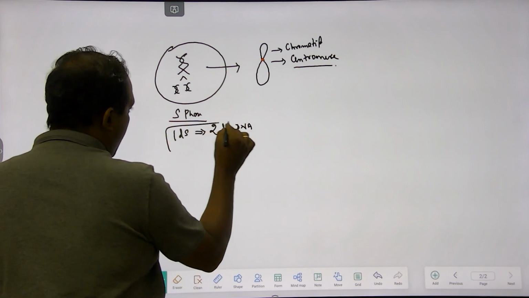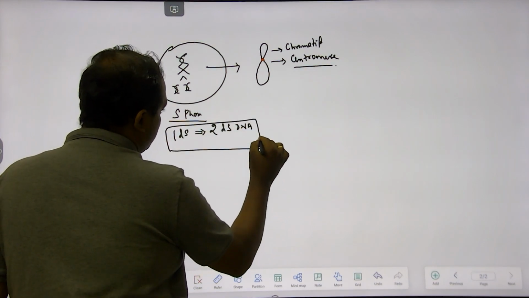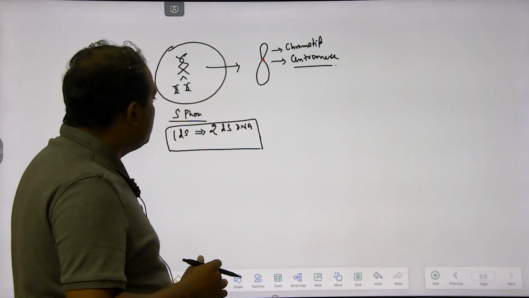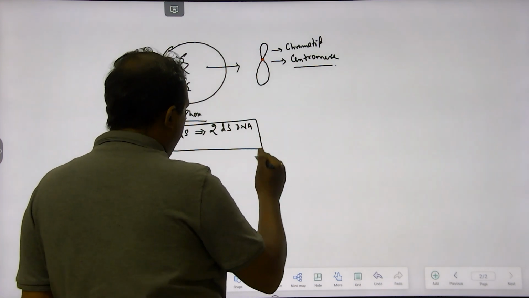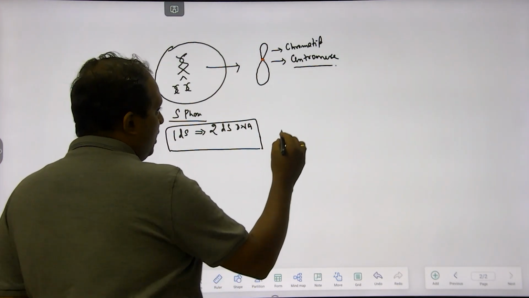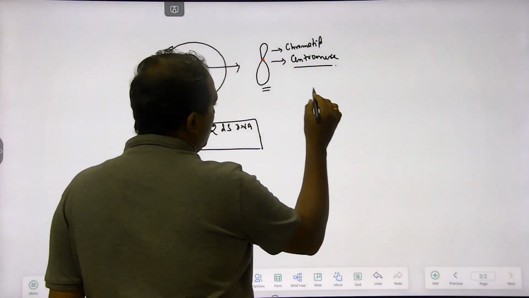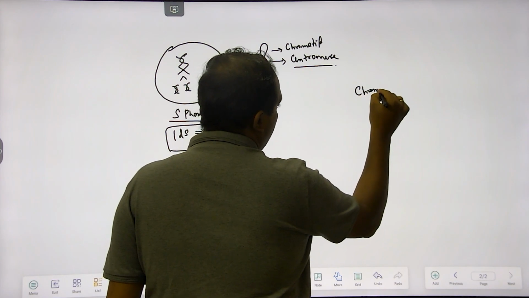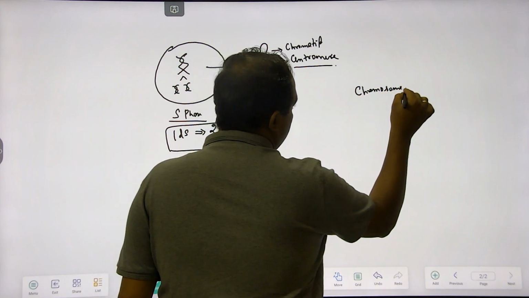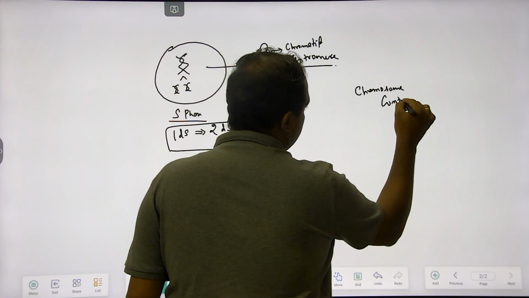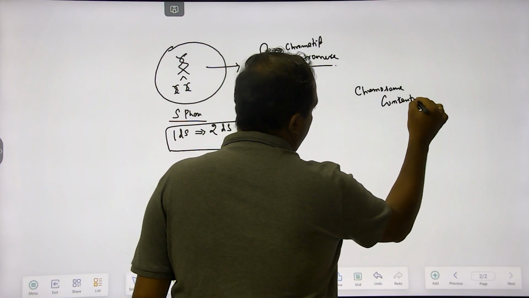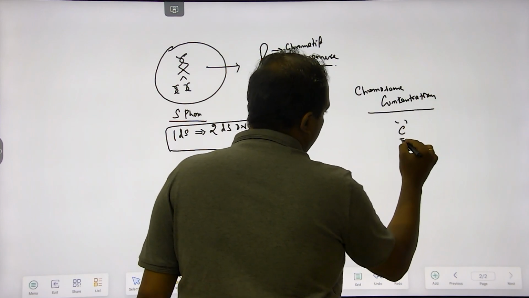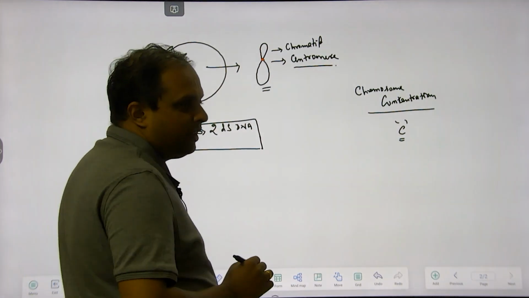This is what is going to happen in the synthetic phase of cell division, right? This we have seen. So before that, see here in this picture, let's assume that the chromosome concentration is C. Okay, chromosome concentration as C.